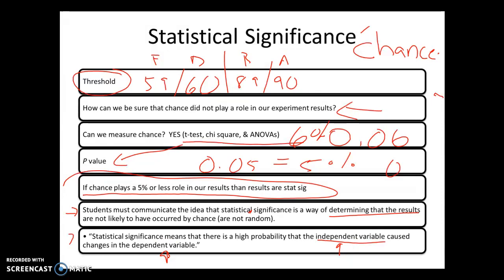But I would basically define this and then just plug in the terms. But this is really what you want to communicate if you are answering a question about statistical significance on an AP FRQ.